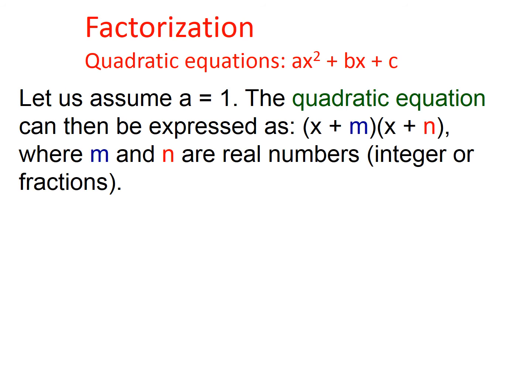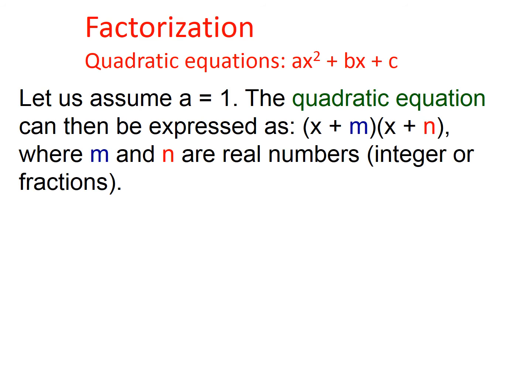And the reason we do that is because if we say that ax squared plus bx plus c equals 0, if we can somehow turn that into 2 brackets equals 0, doesn't matter what's in these, if this is 0, at least one of these must also equal 0.